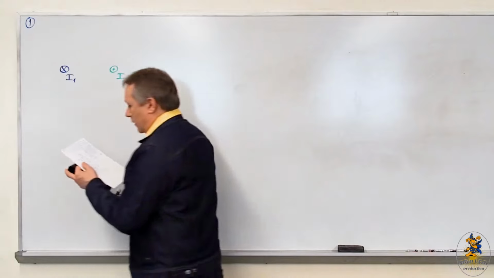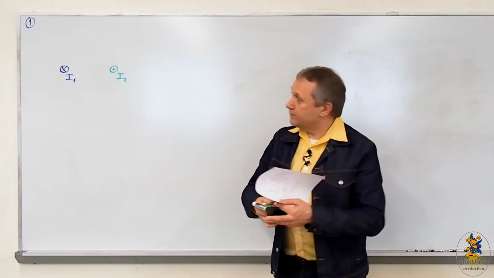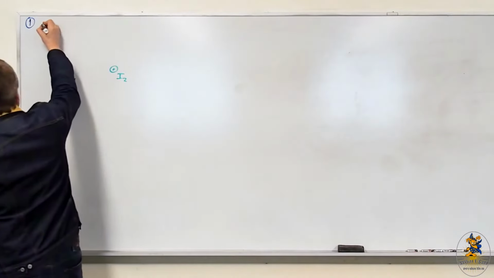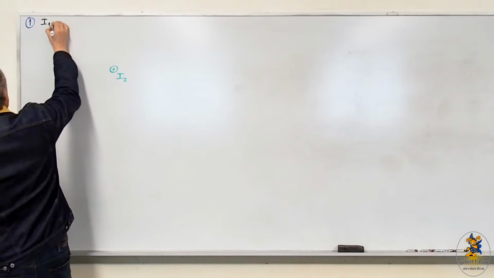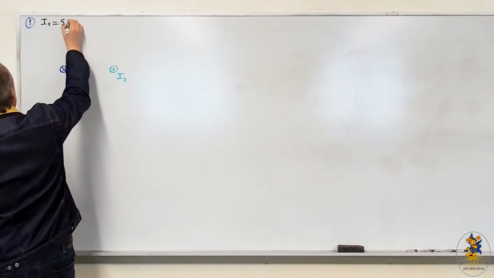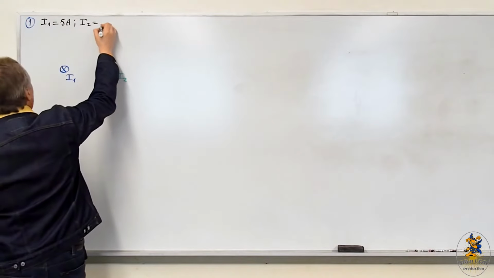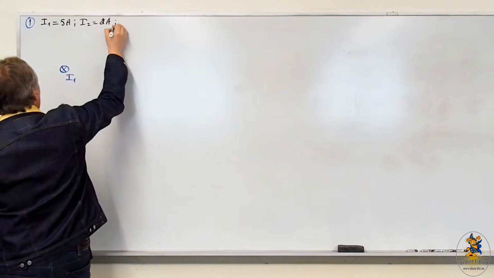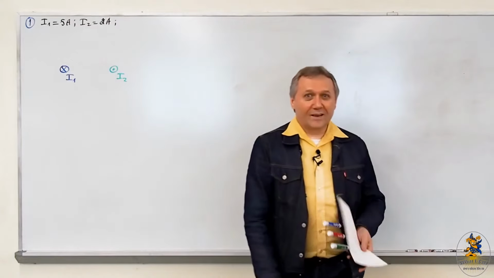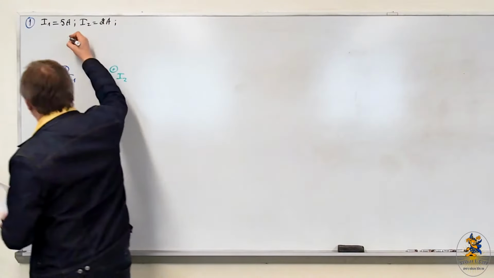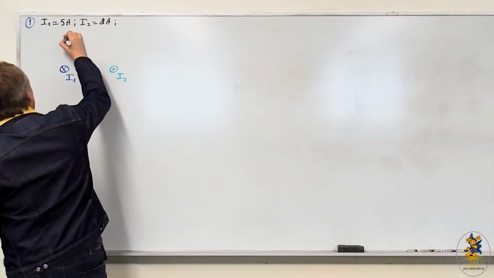I2 flows out of the whiteboard. And the values: I1 equals 5 amps, I2 equals 2 amps. Then they are separated by the distance d. I'll probably show it here.